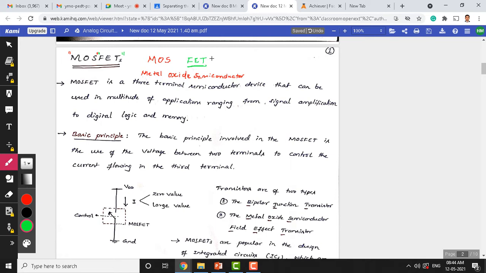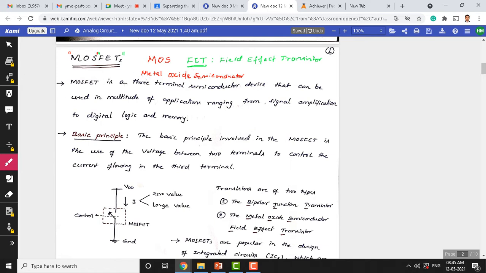FET stands for field effect transistor. So this is the expansion of MOSFET. Together we call it metal oxide semiconductor field effect transistor. That's what MOSFET stands for.